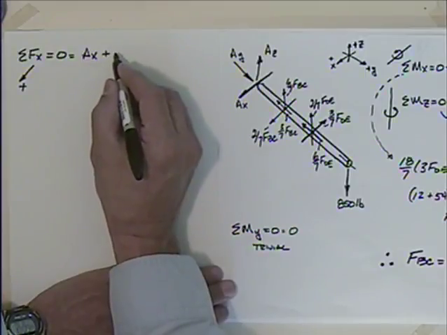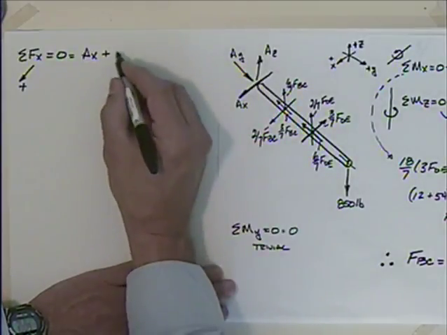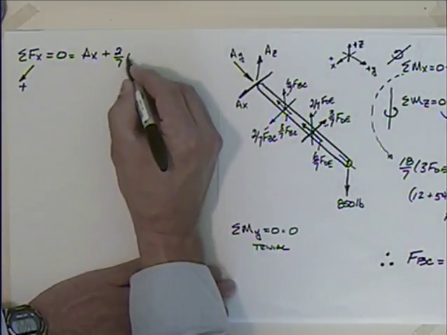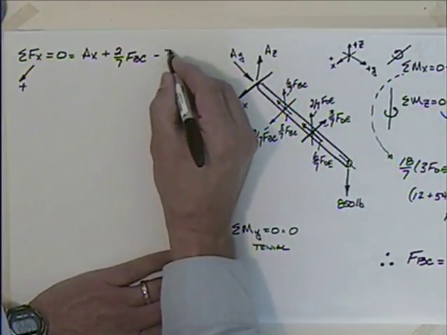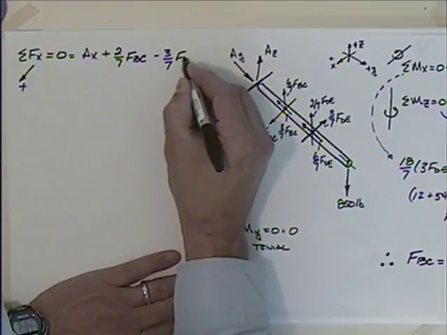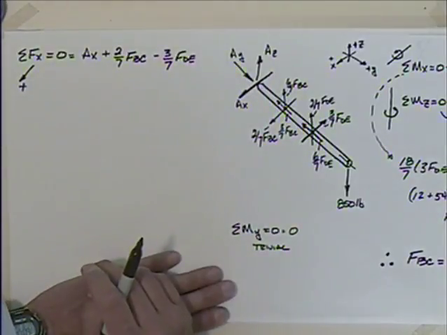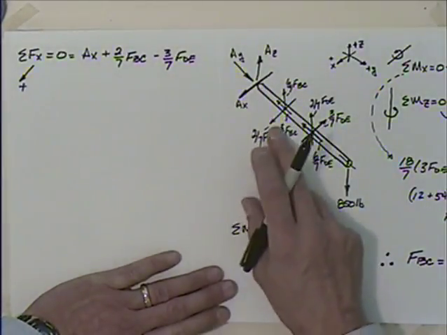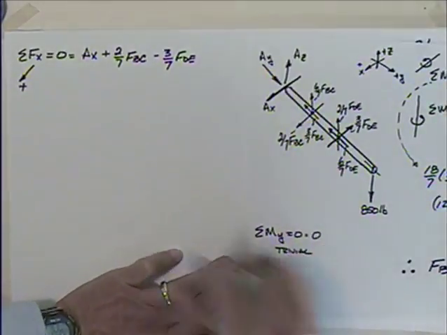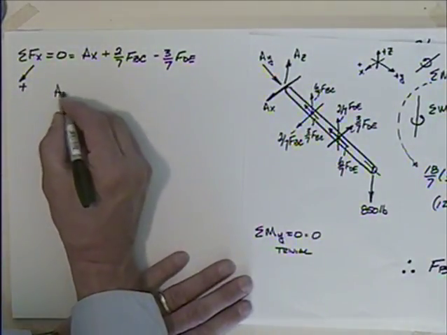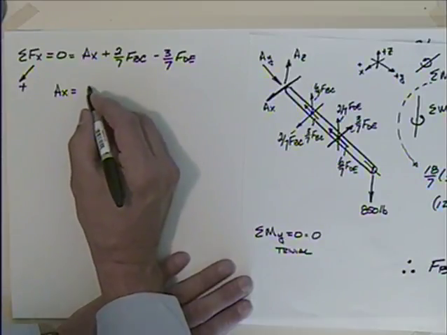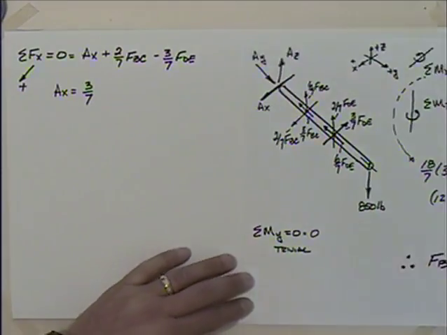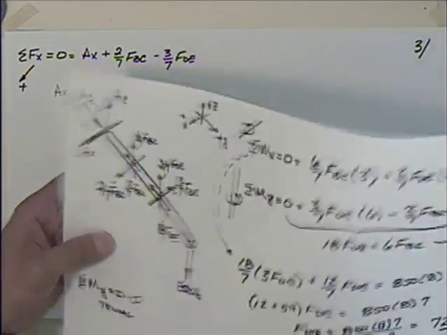So I could say that I have AX plus 2/7 FBC minus 3/7 FDE. Anything else in the x direction? No, I think that's it. So I've got then that AX is equal to 3/7 FDE. Did we have FDE?